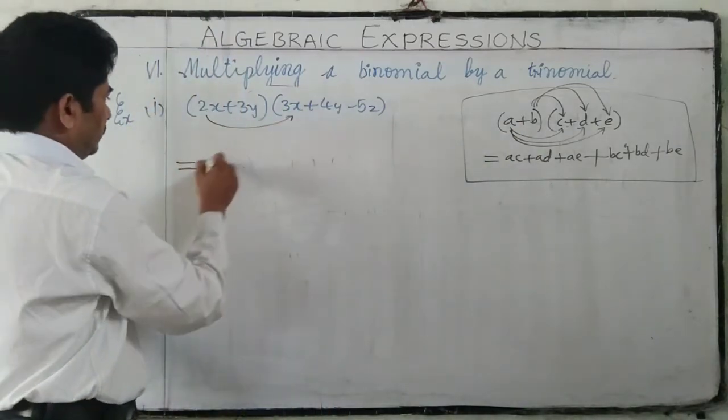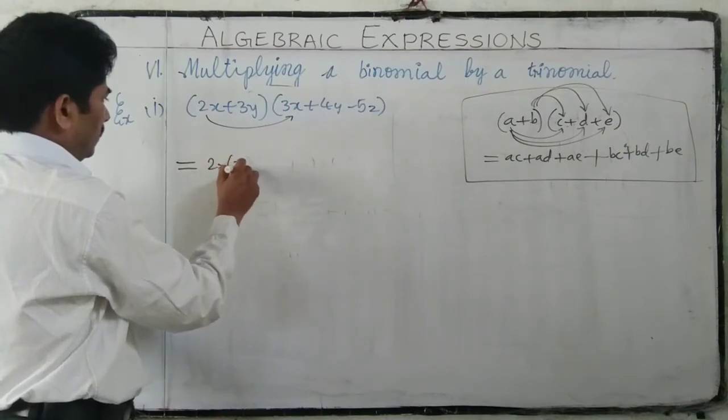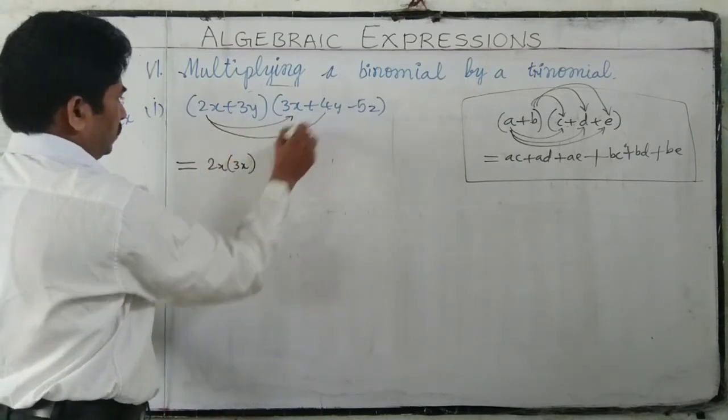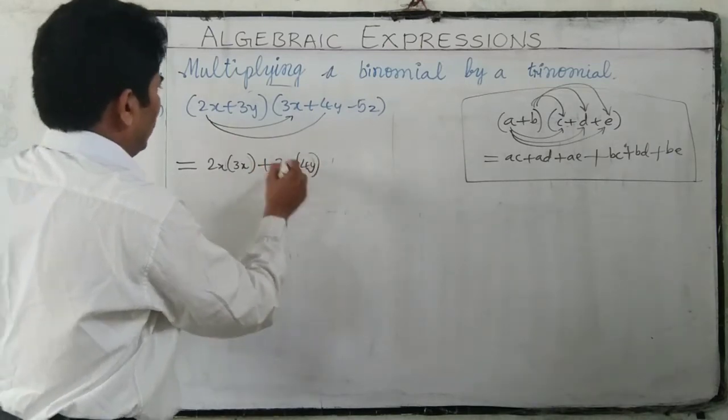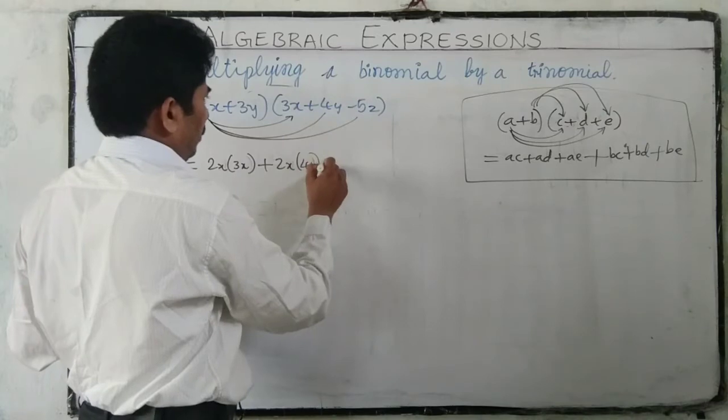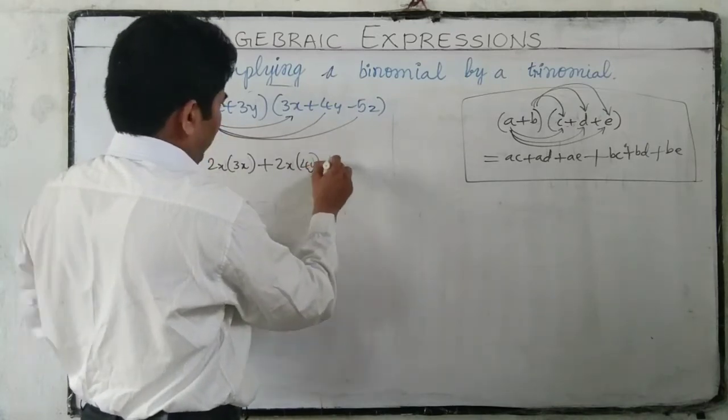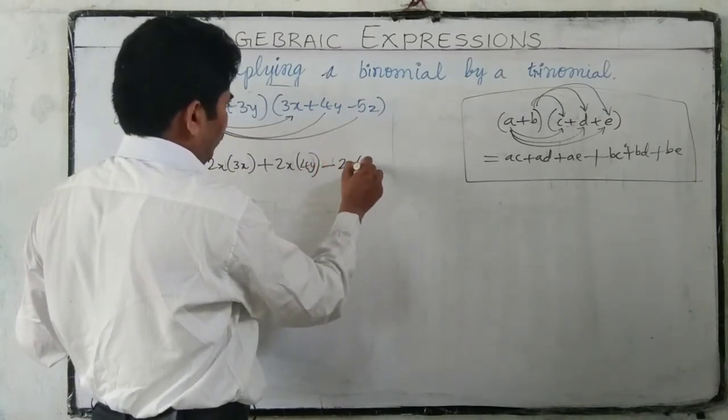2x into 3x, plus 2x into 4y, plus into minus, minus 2x into 5z.